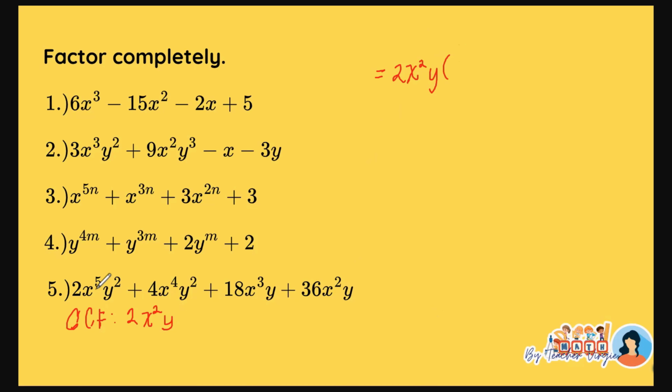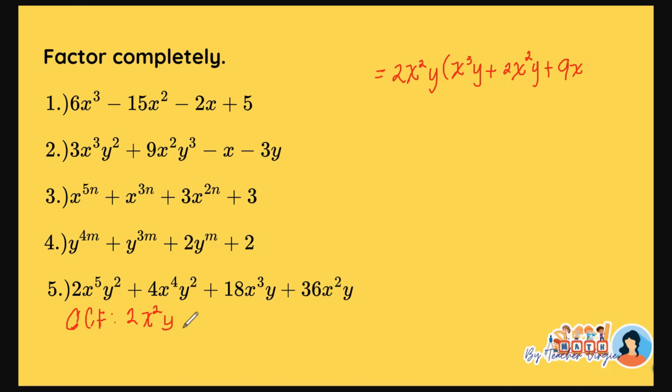So we can get here x cubed y. Then the second term will be 2x squared y. The third term, you divide 18 by 2, that is 9. Then x divided by x squared is x.